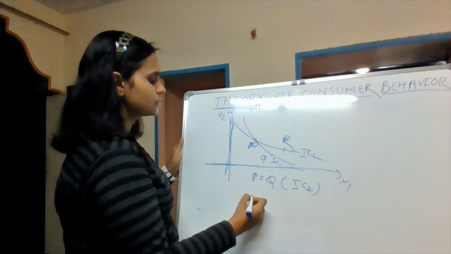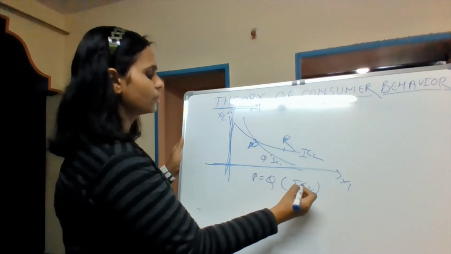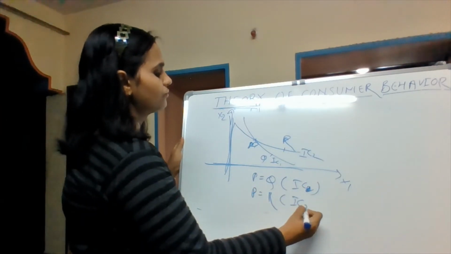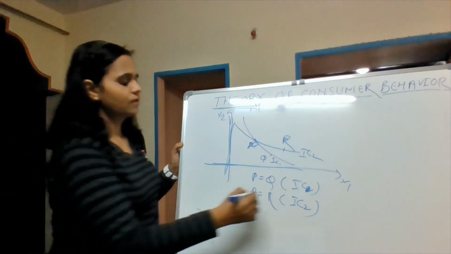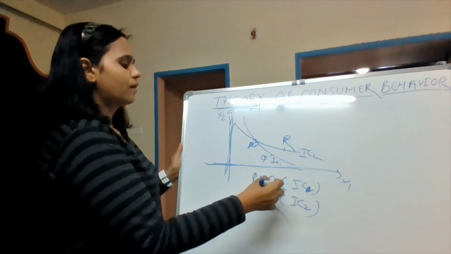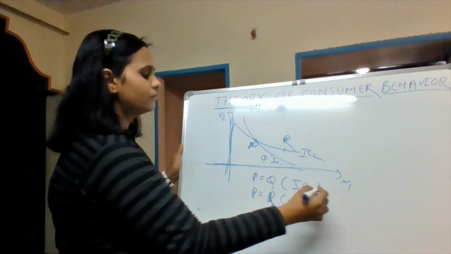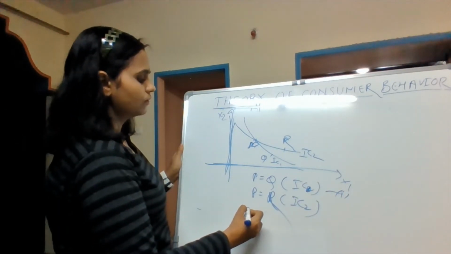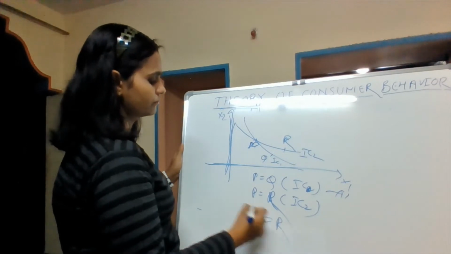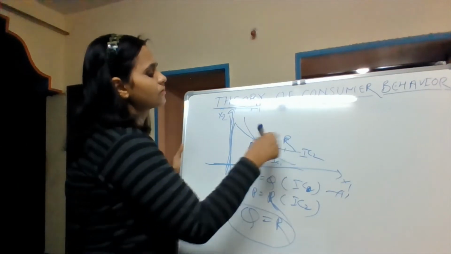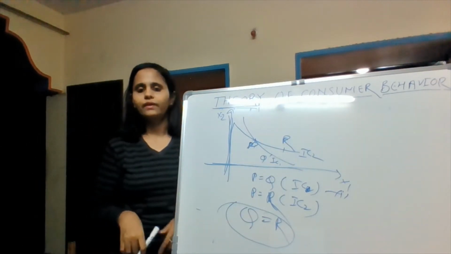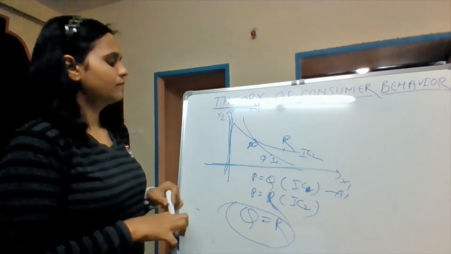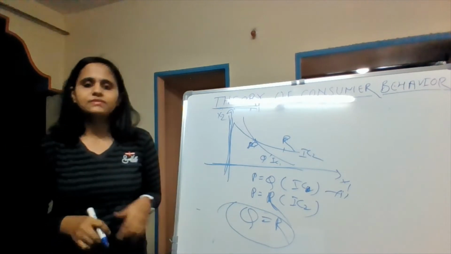Then again P equals Q, on IC1. Using these two equations, you can say that Q equals R, which is definitely not true because those two are on different curves and have different values. So that's the reason indifference curves cannot intersect each other.